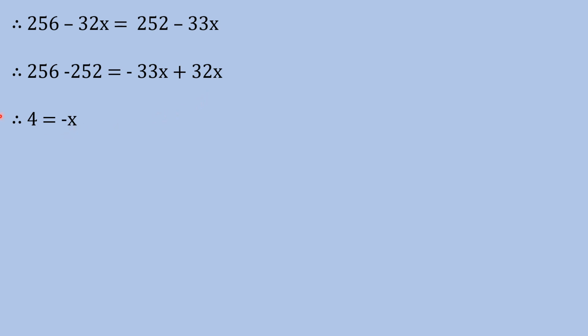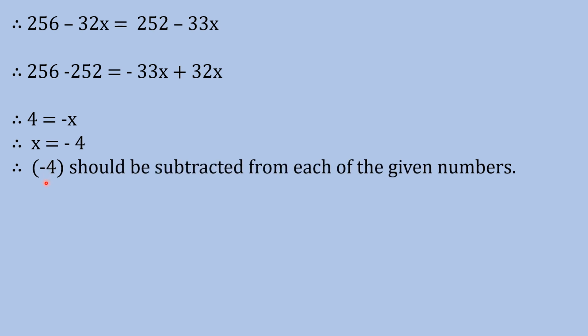So we'll shift the minus sign to the number, therefore x is equal to minus 4. Means the number to be subtracted should be minus 4, so that the numbers we get are in continued proportion. So you'll write down: therefore minus 4 should be subtracted from each of the given numbers. The number to be subtracted is nothing but minus 4.